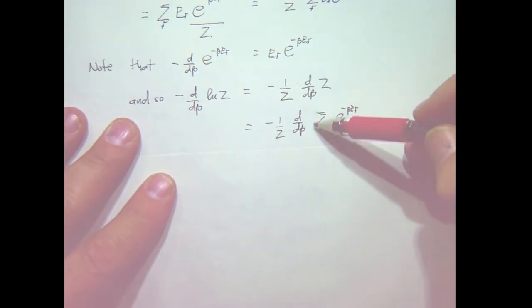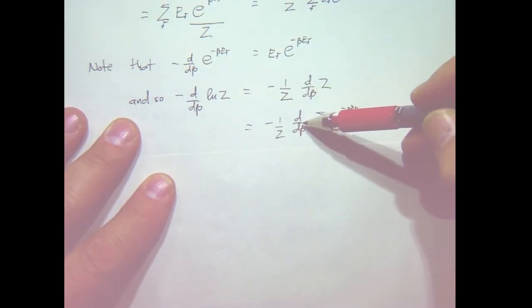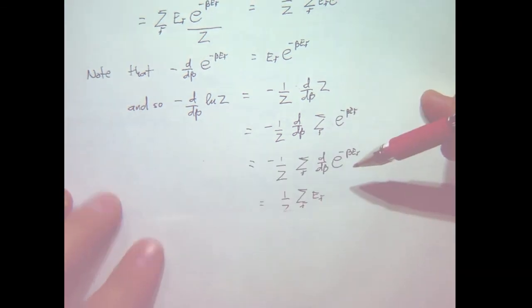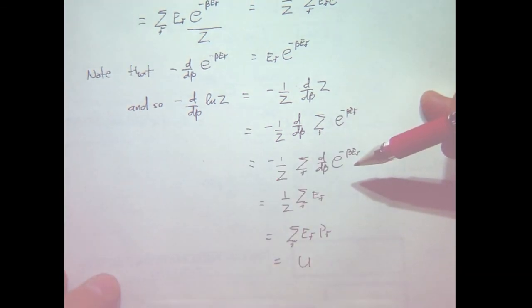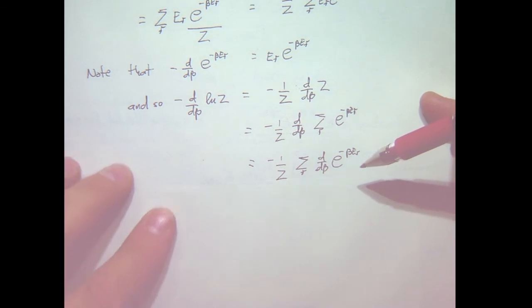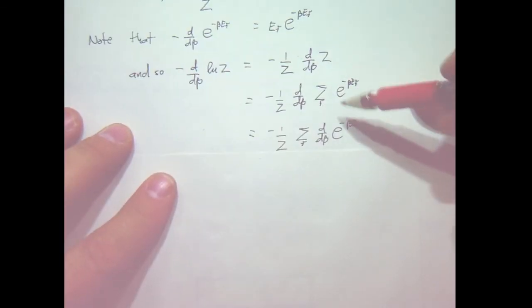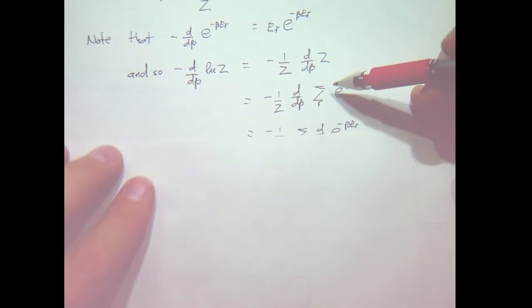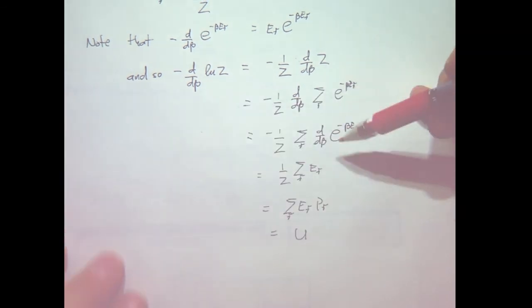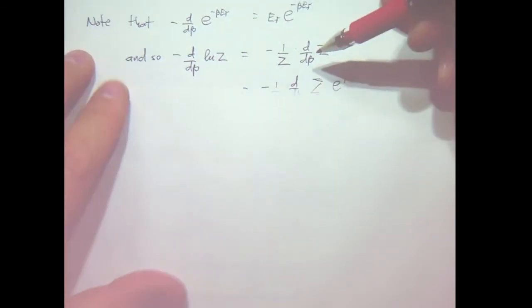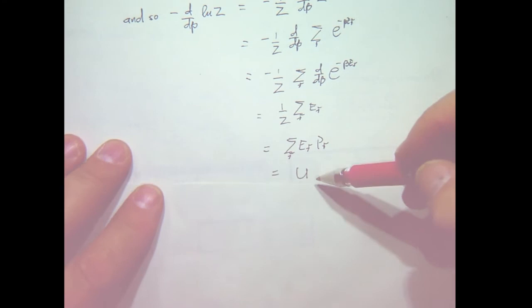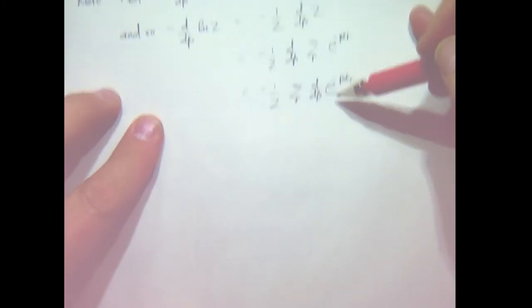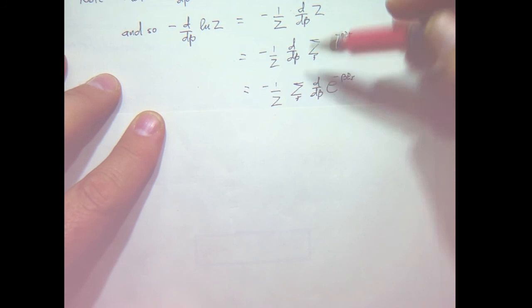Nearly. What's better is to bring that inside. Oh, I see, you're going backwards. Yes. So I'm going backwards here. So go from here. U is by definition that, because we want to bring down an E_R.